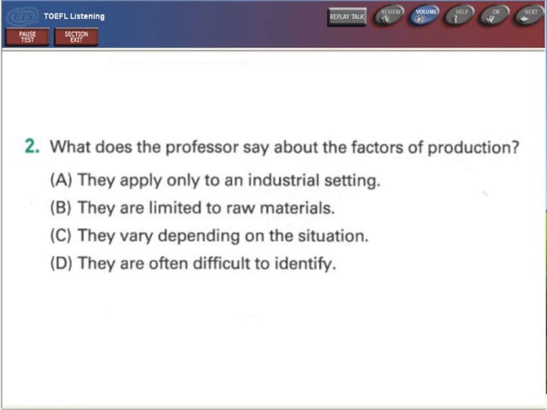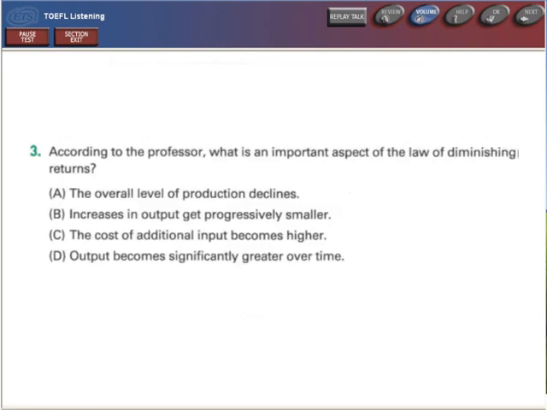What does the professor say about the factors of production? 3.